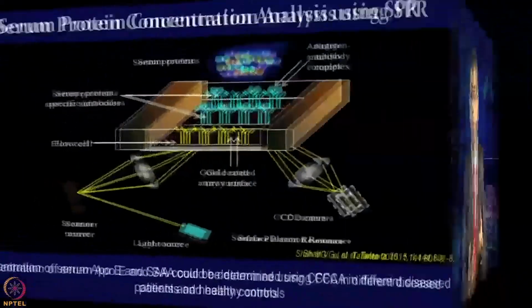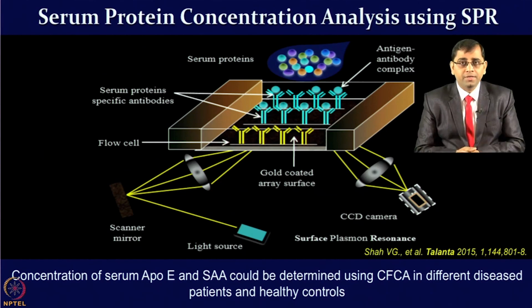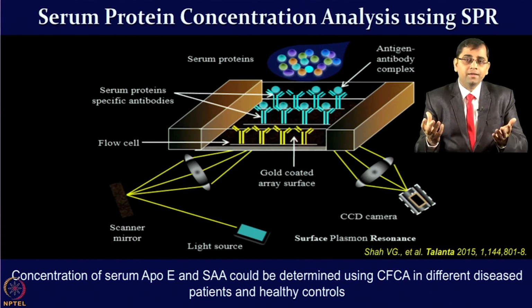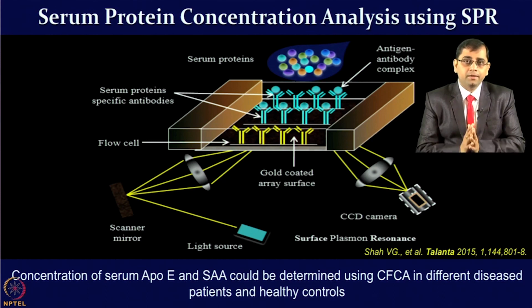Even our own group and others have started using some of these technologies for very interesting applications which are beyond the standard workflow of these instruments. For example, with SPR we have measured protein concentration from serum samples. If there are serum biomarkers of interest, rather than relying on the ELISA kit, can we measure their binding on the gold chip by passing complex serum samples and looking at how unique the binding interaction is?